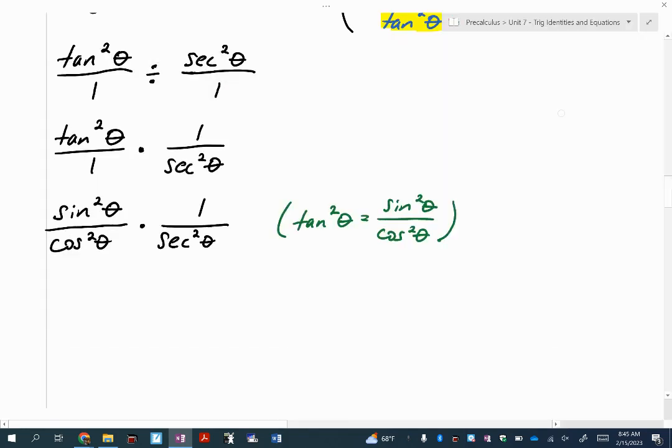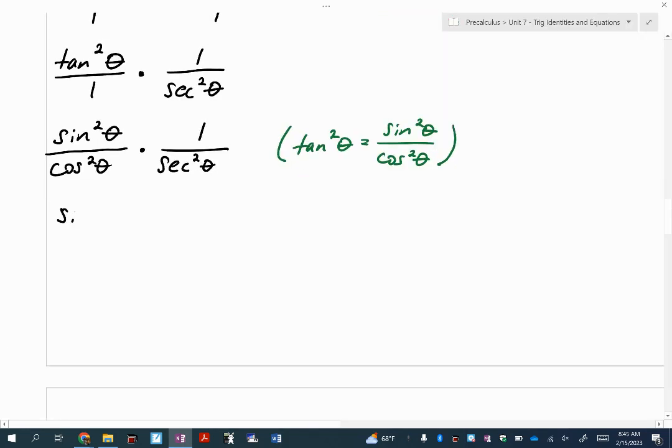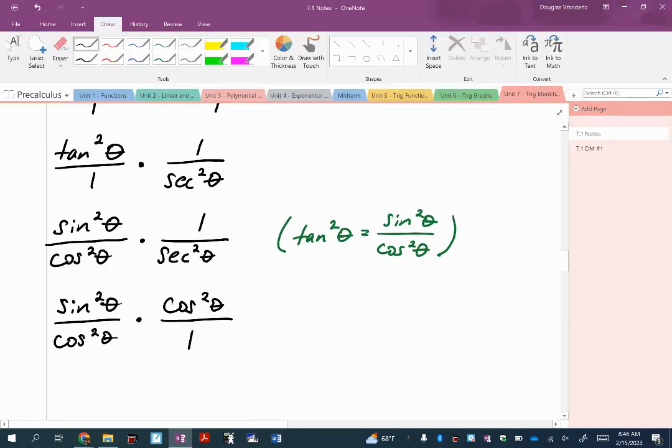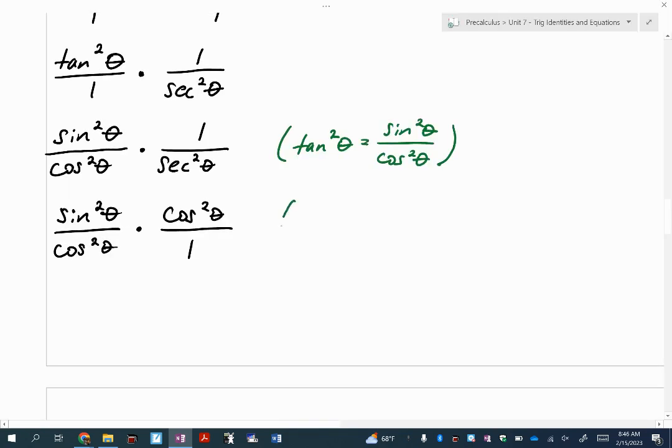And then if I want to rewrite 1 over secant, right, I know the reciprocal of secant is cosine, and 1 over secant is actually cosine. So it's actually cosine squared theta on top. So it's up to you on how you write this. You could write 1 over secant squared theta equals cosine squared theta, or you could write cosine squared theta equals 1 over secant squared theta. I don't care the order as long as you know that they are reciprocals.